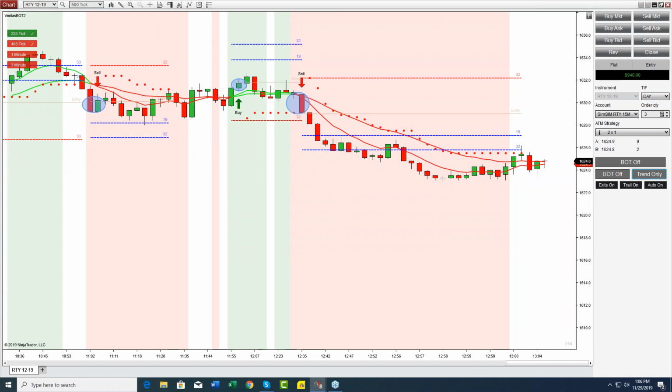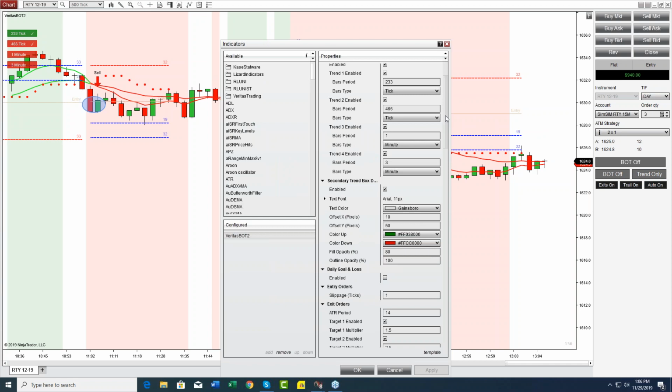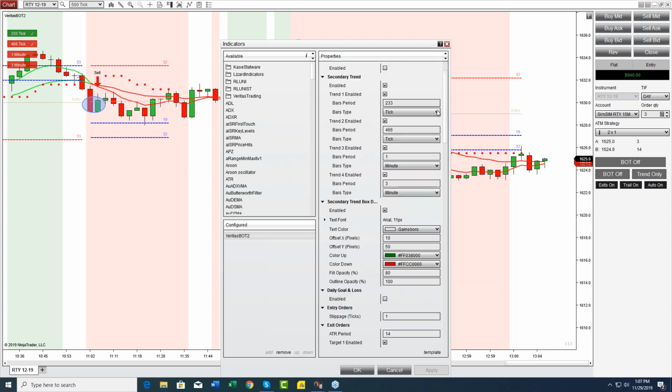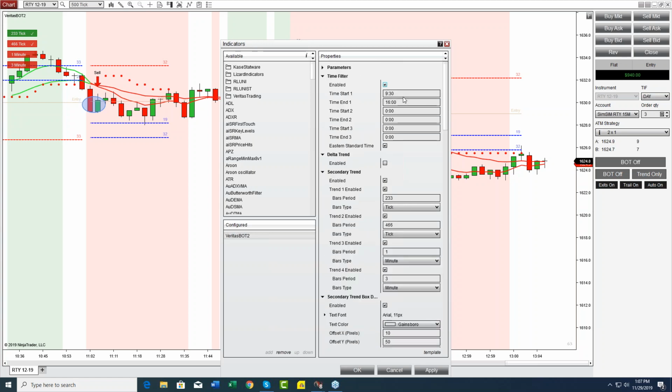A couple of interesting settings that we've programmed into the bot, which I think are awesome. One is we have a time setting. So there's a time filter here. If I check the box, I can program this to start and stop at up to 3 separate times in any 24-hour period.